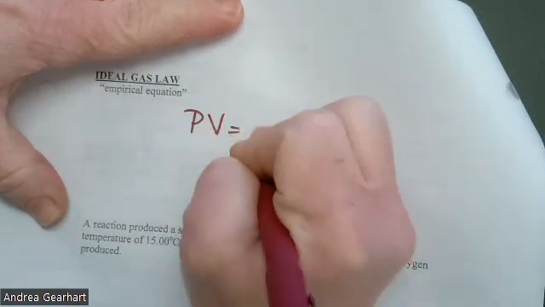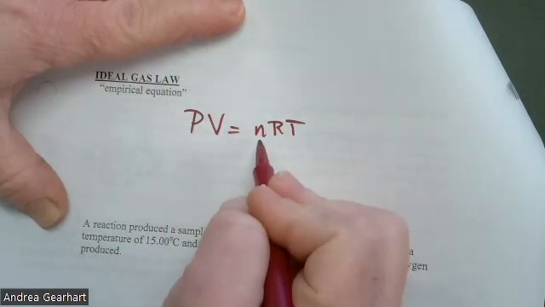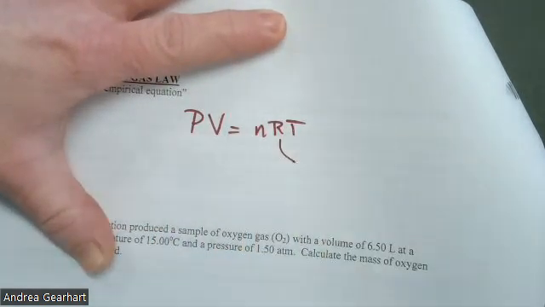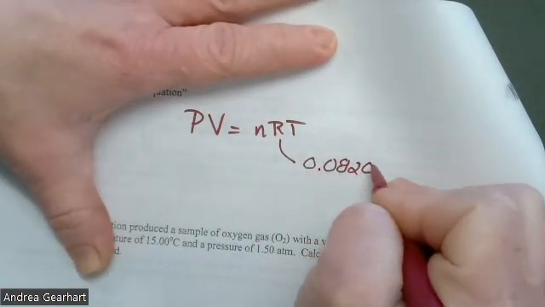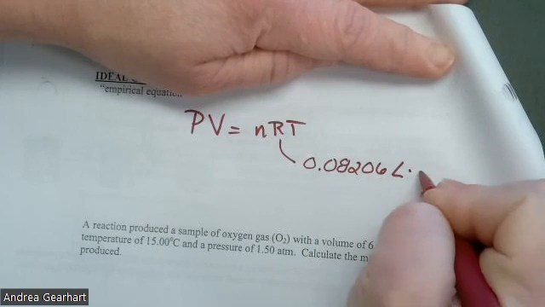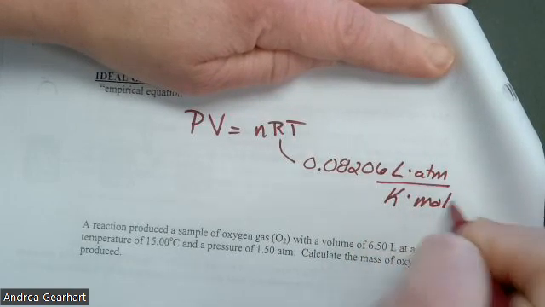It has a ring to it, I think. PV equals nRT. All right. Pressure, volume, temperature, moles. You don't have to memorize it. I will give it: 0.08206 liter atmosphere per Kelvin mole.